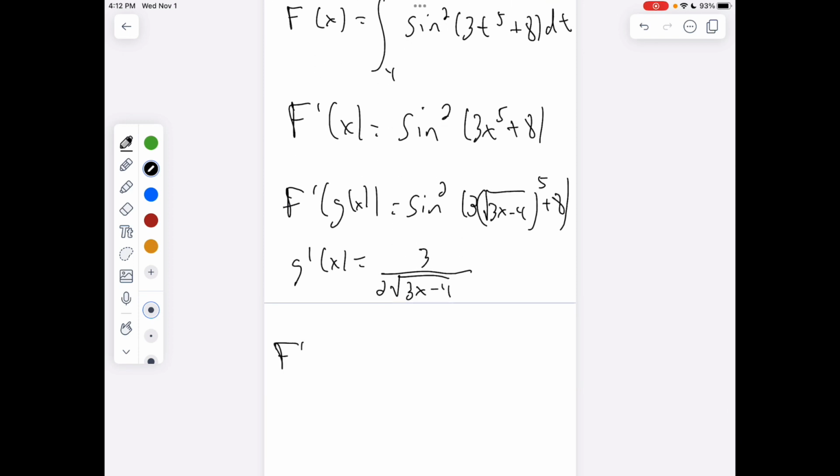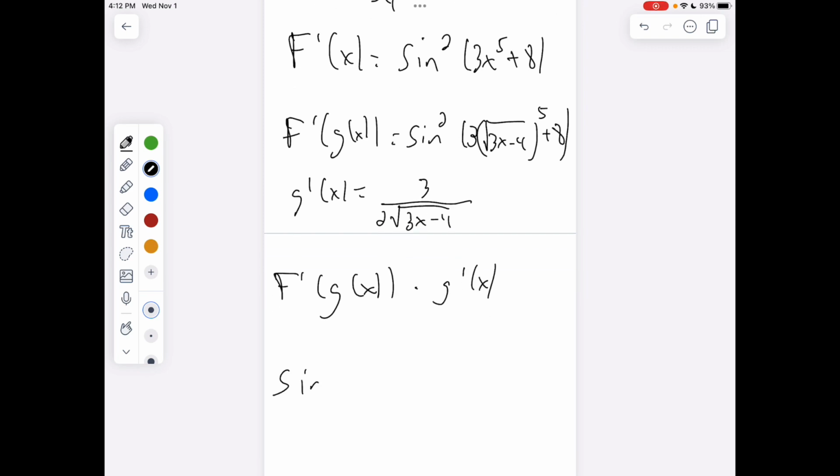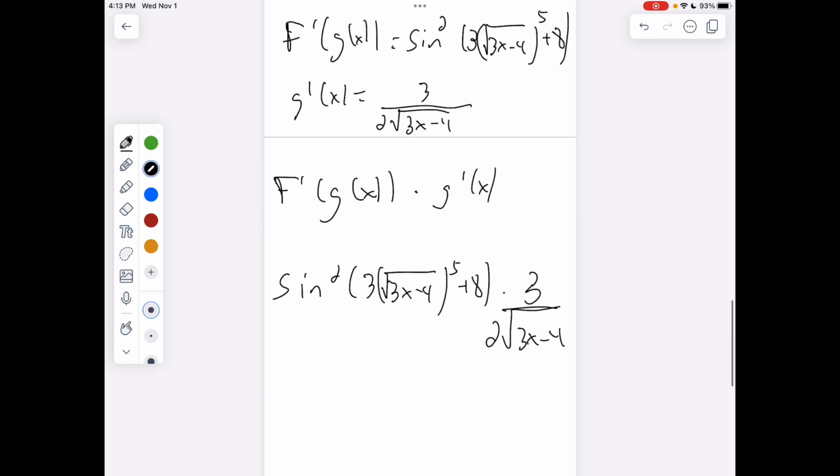Therefore, our final answer, F prime of g of x times g prime, would equal sine squared of 3 to the power of the square root of 3x minus 4, to the 5th power, plus 8, times 3 over 2 square root of 3x minus 4. Okay? And that would be it.